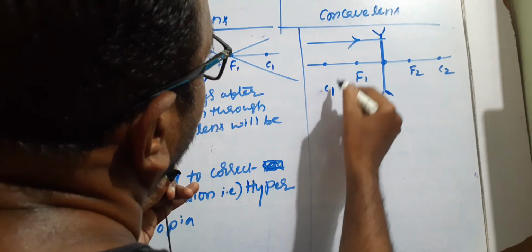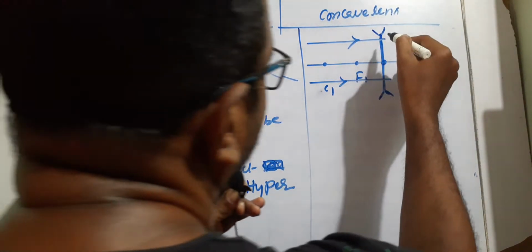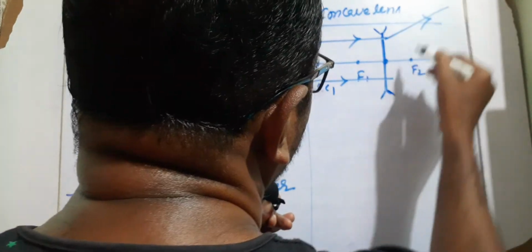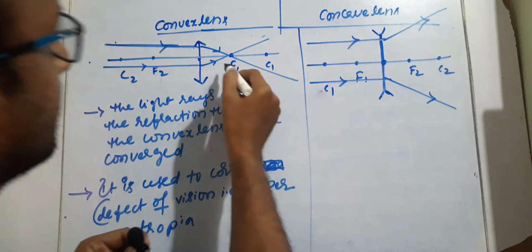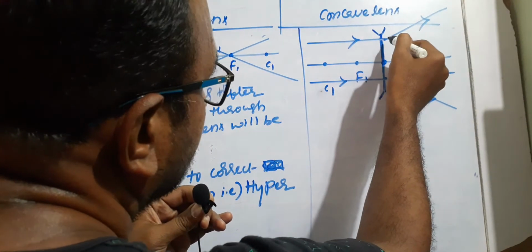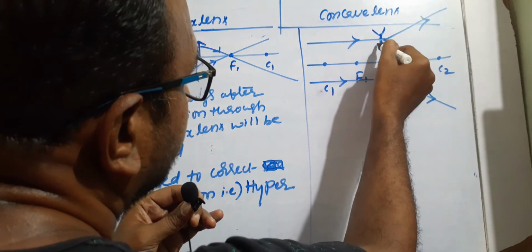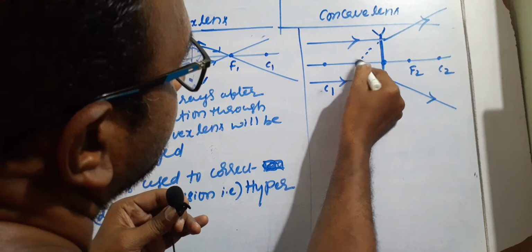Now these are the two rays. Consider these are the incident rays; after the refraction you can see they are diverging and traveling like this. These are incident rays and these are refracted rays. On extending the refracted rays in the backward direction, they meet at the focal point.